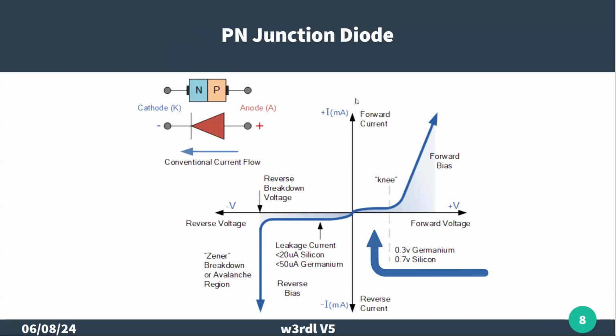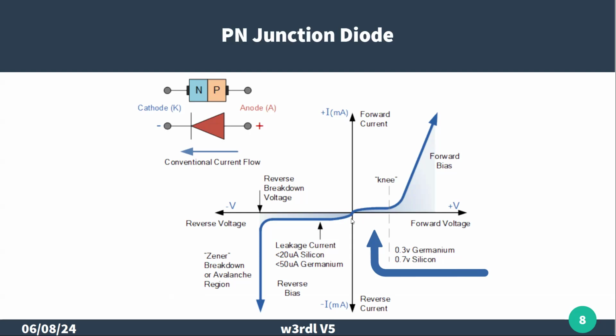And if we plot the current versus voltage on the diode, we have a forward voltage, we have just a small leakage current until we get up to what we call the knee, which for silicon is around 0.7 volts. And then it will start to conduct. And the slope of this line is going to be a function of the series resistance.